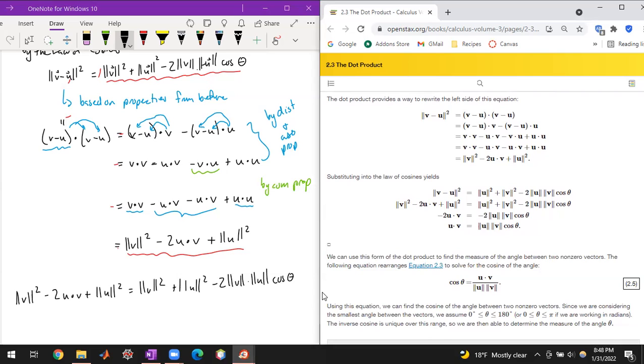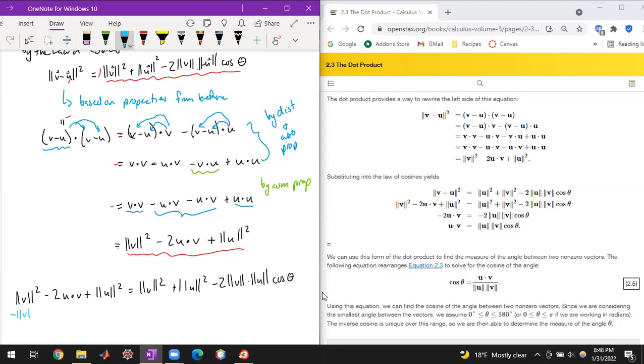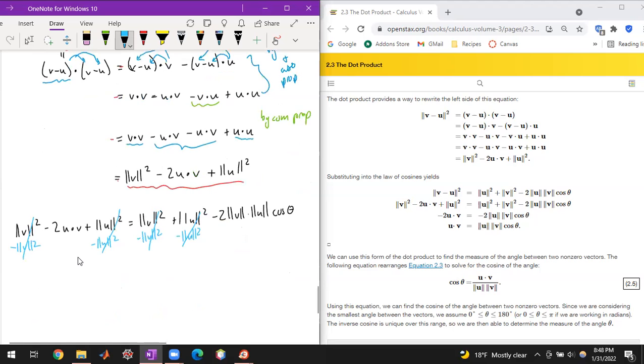All right, now let's just do some algebra. If I were to subtract off the magnitude of v squared on both sides, we get that they cancel out. I can do the same thing with the magnitudes of u squared. So those will also cancel out. So on the left-hand side, the only thing I have remaining is this negative 2 u dotted with v.